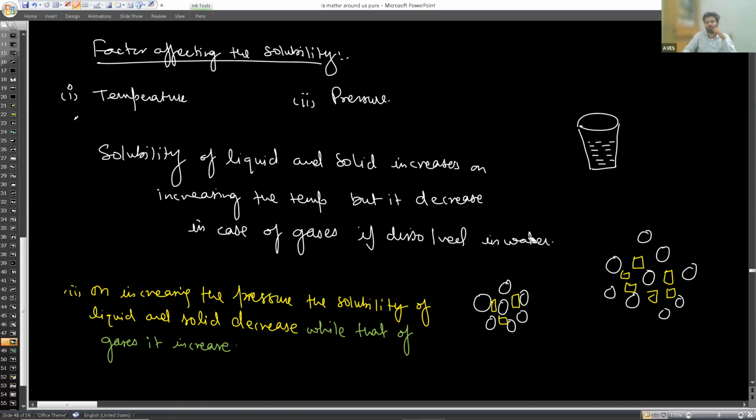So note it down here. Factor affecting the solubility: temperature and pressure.